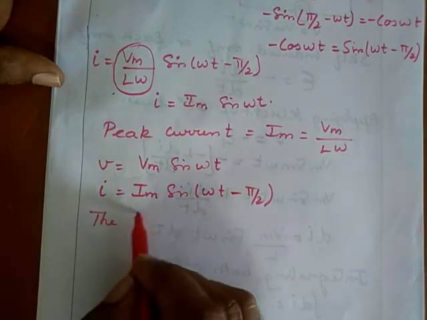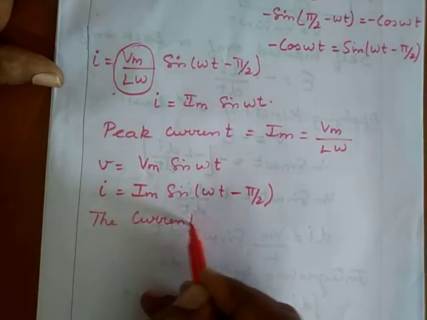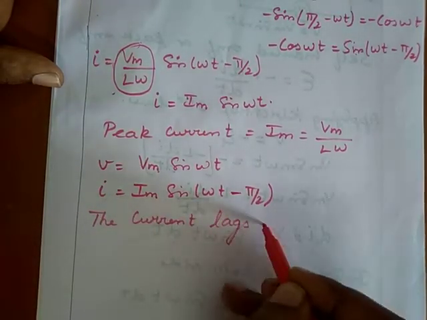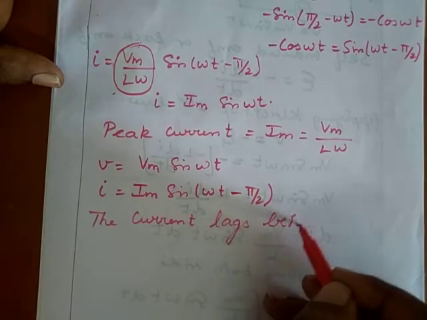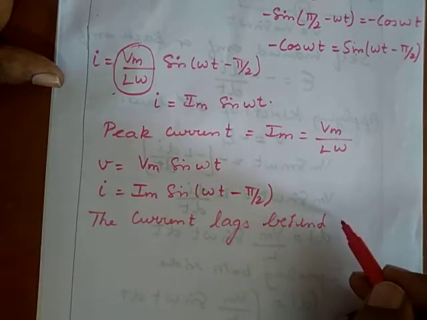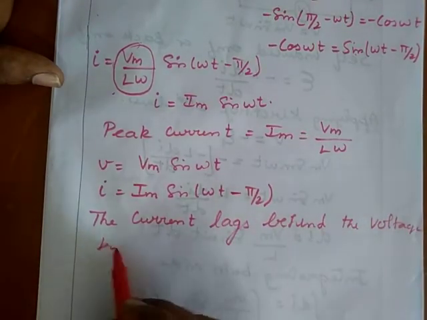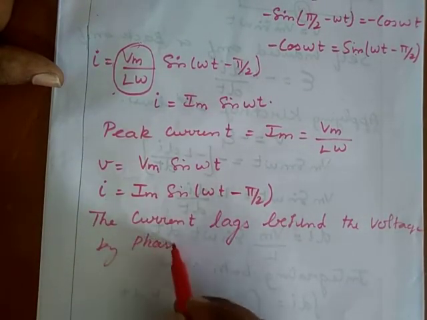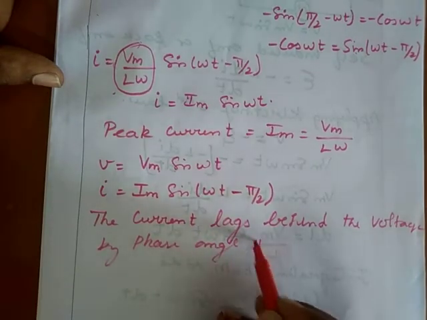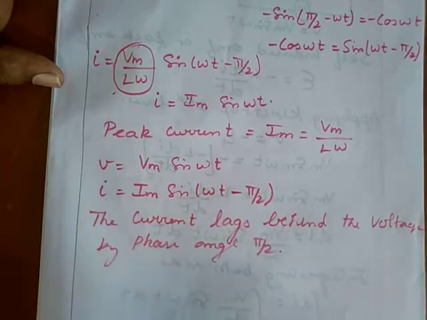The current lags behind the voltage by phase angle pi/2. By using this data we can draw a phasor diagram.